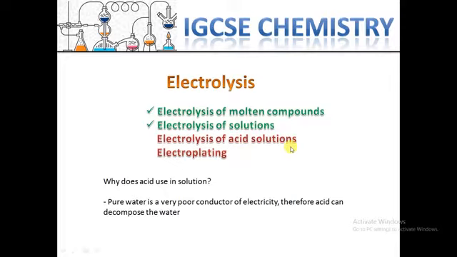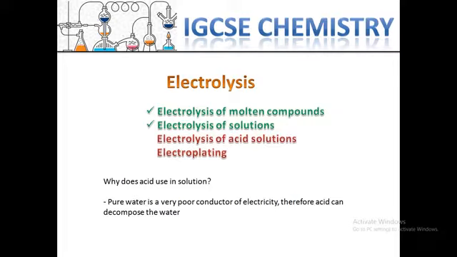For electrolysis of acid solution, why is acid used in solution? Because sometimes, based on the reaction, water is very poor for conducting electricity. So we use a battery for the electrolysis, or any electric current.